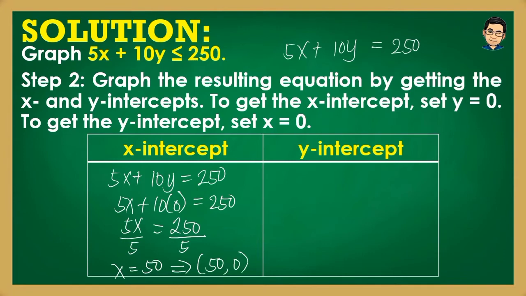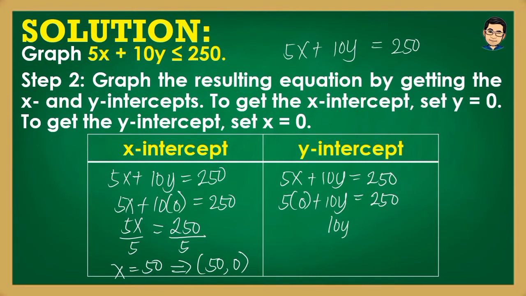Next, yung y-intercept naman, 5x plus 10y is equal to 250. And then, we set x to 0. Yung kabaligtaran niya. So, magiging 5 times 0 plus 10y is equal to 250. And then, 5 times 0, that is 0. So, matitira na lang po is 10y is equal to 250.